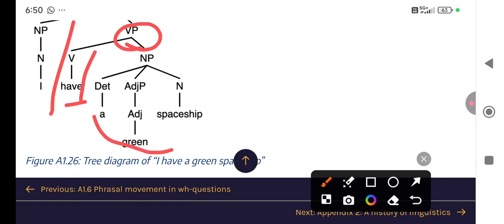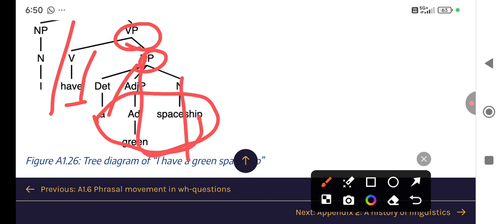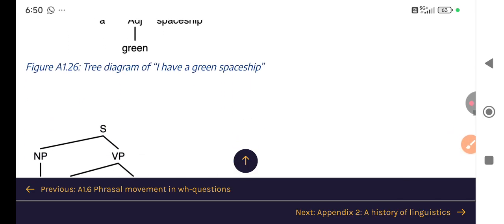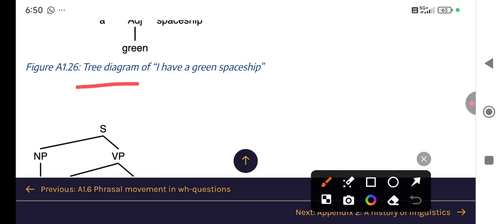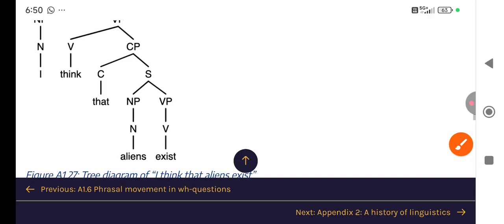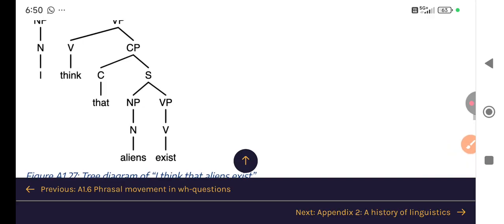Then a green spaceship is the noun phrase, with a determiner, and an adjective which qualifies the noun, and then the noun. That's an adjective phrase and that's a noun phrase. This way, this sentence is analyzed.